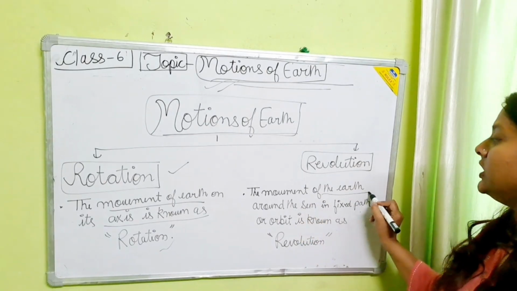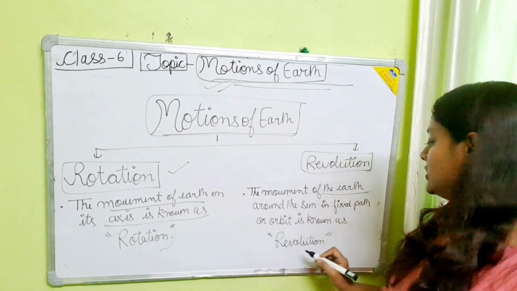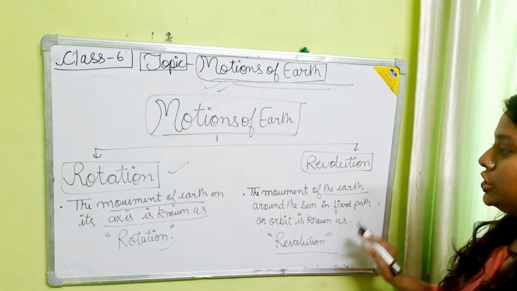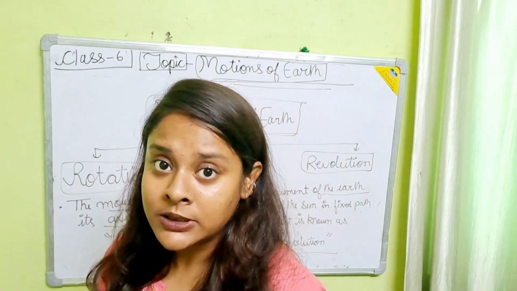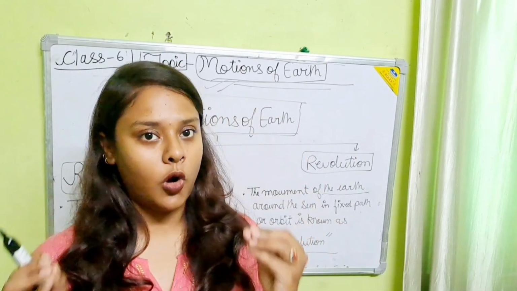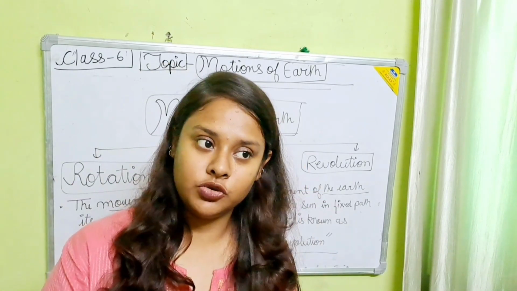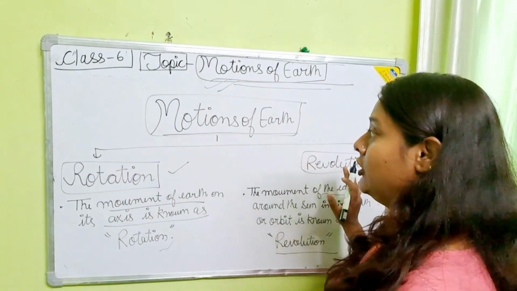The movement of the Earth around the sun in a fixed path or orbit is regarded as revolution. I hope it is clear now what is rotation and revolution.